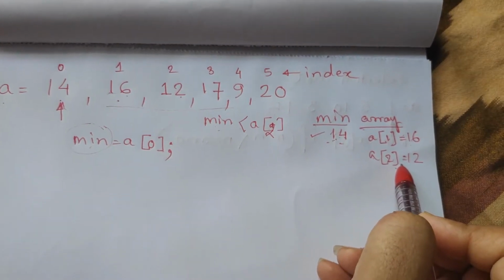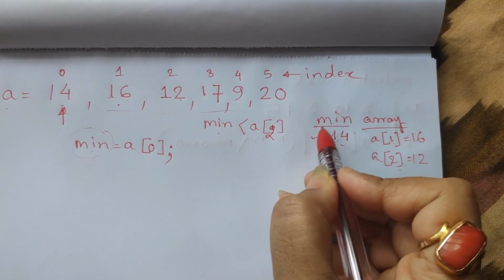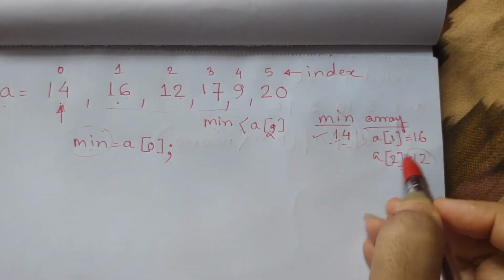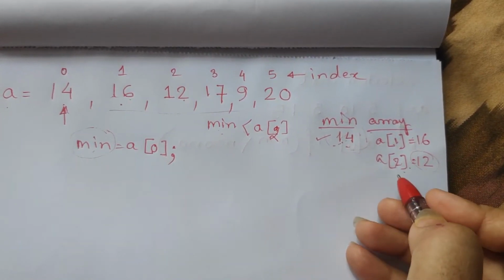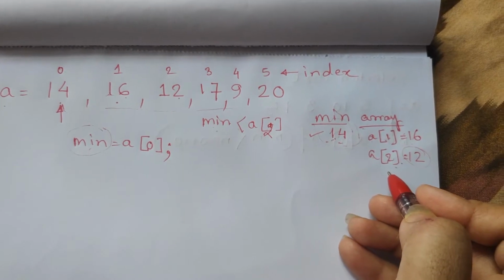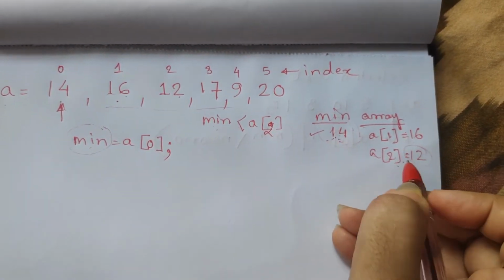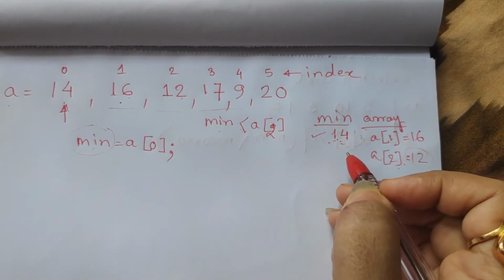The minimum value, that is 14, is not less than A2. So now what we will do? We will change this minimum from 14 to 12 because we have found a number in the array which is lesser than the assumed minimum. The assumed minimum was 14 and now we have got a number which is less than it.